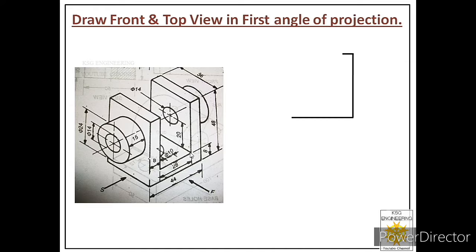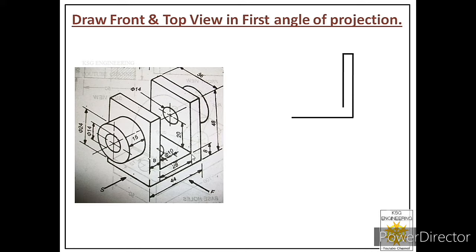You can see the total height of the object is mentioned as 48 and this is mentioned as 8 from the bottom. It means this height is 40 millimeters. So from this point we will draw a thick vertical line in downward direction of 40 millimeters. So we have reached up to this point.